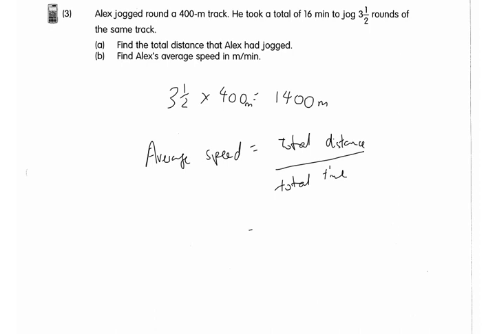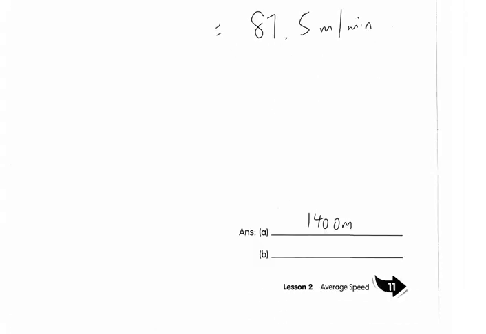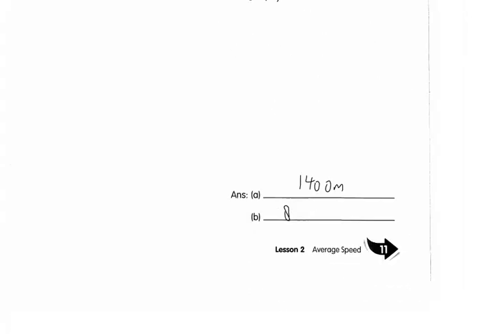Total distance is 1,400 meters, divided by total time of 16 minutes, right? And what do I get? 87.5 meters per minute. Remember, correct units are very important. Then let's look at the next question.